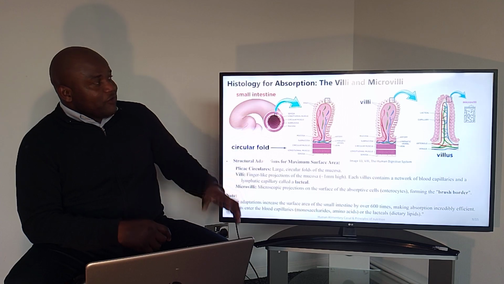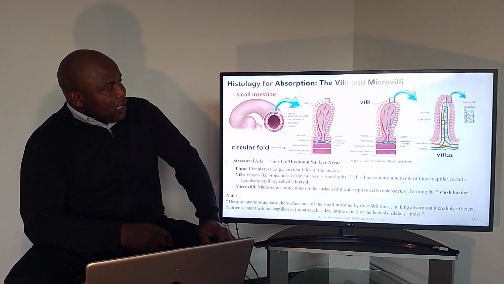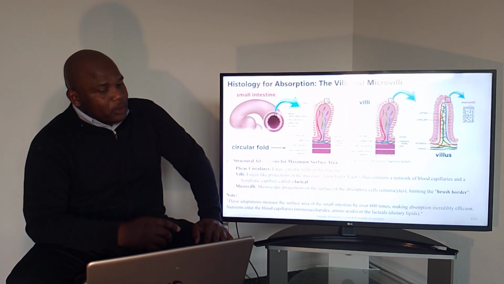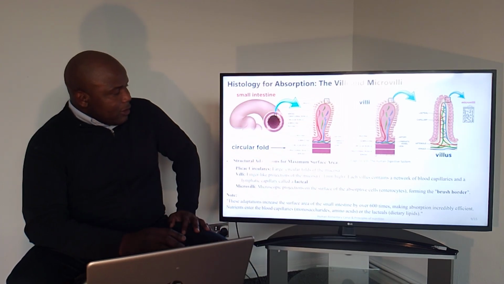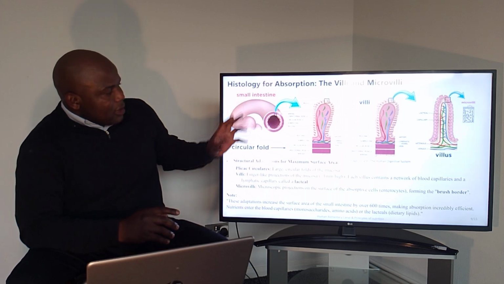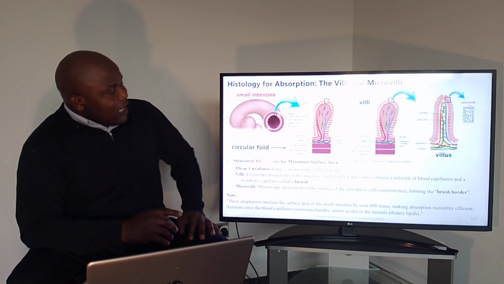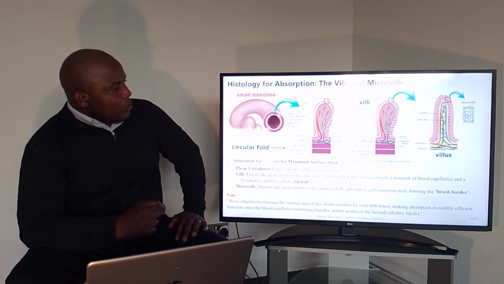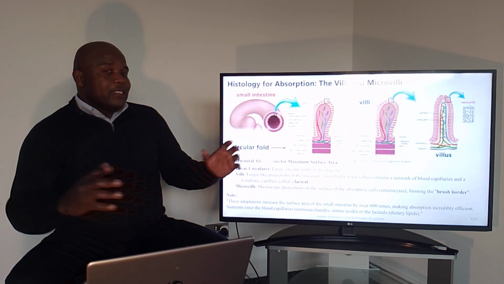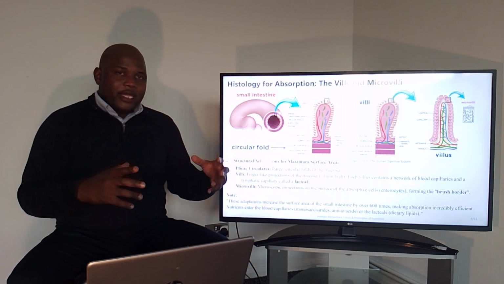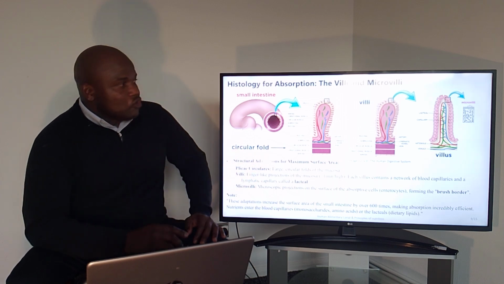Zooming into the surface of the small intestine, we can tell that there are what we call the villi and the microvilli. The plicae circulares are finger-like constructions within the mucosa, and they spread the surface area so that it increases the area for absorption of nutrients.